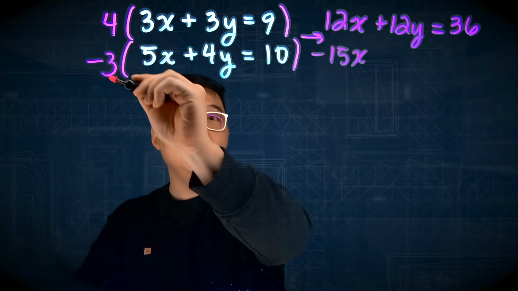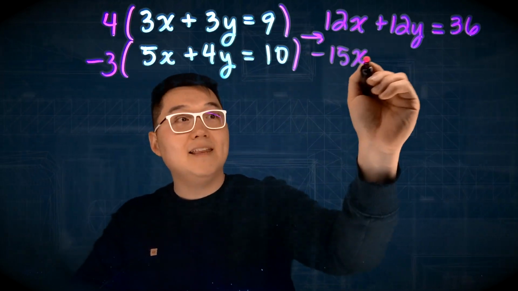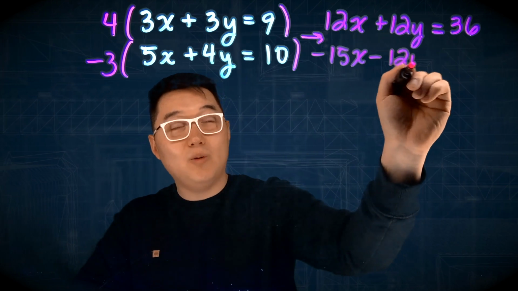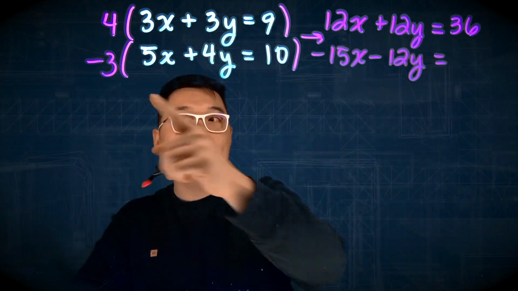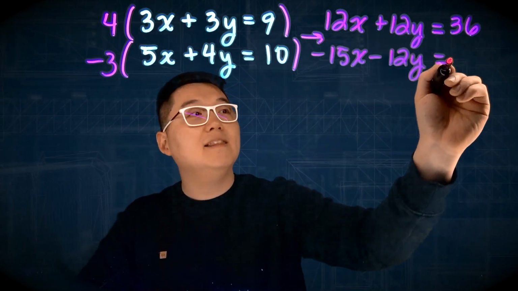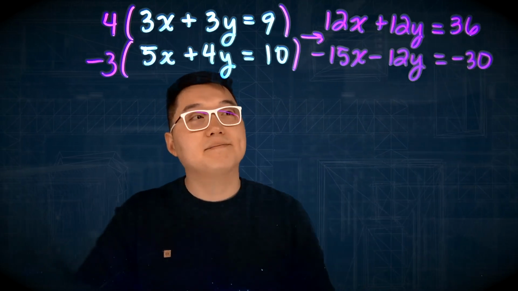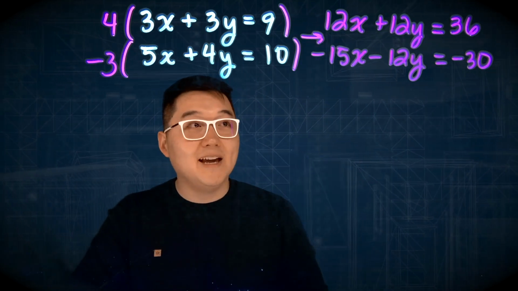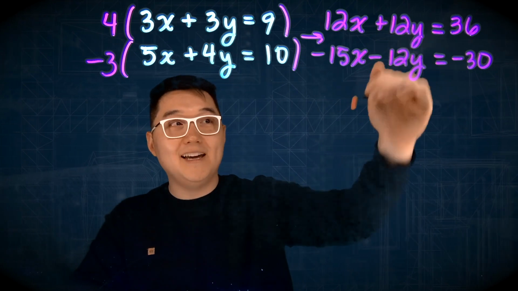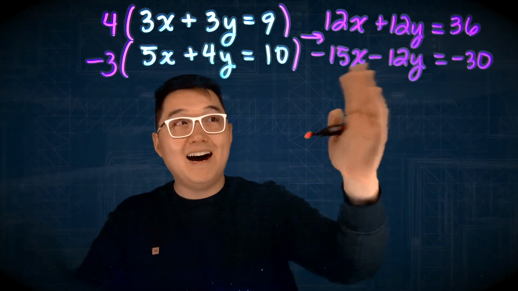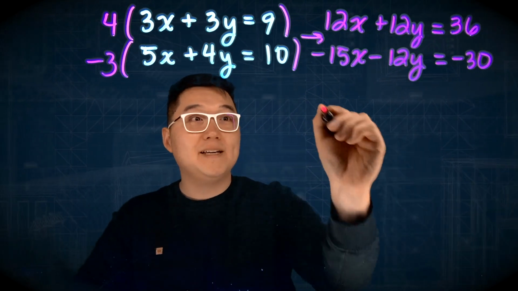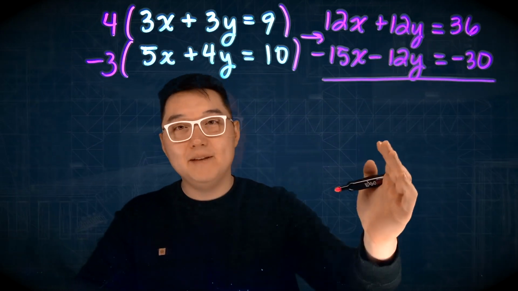Then negative 3 times 4y, that gives us negative 12y. And then we got negative 3 times 10, that gives us negative 30. Now, notice we have positive 12y and negative 12y. I wanted that to happen because if I were to combine them, they're eliminated.